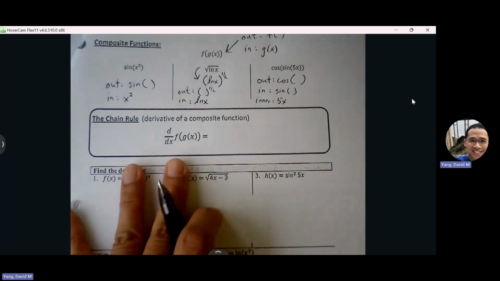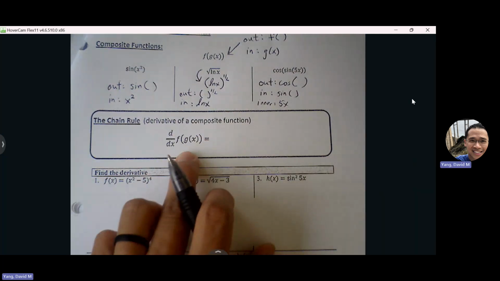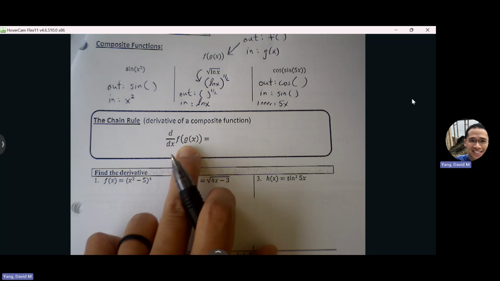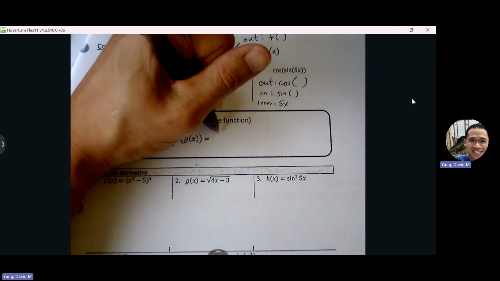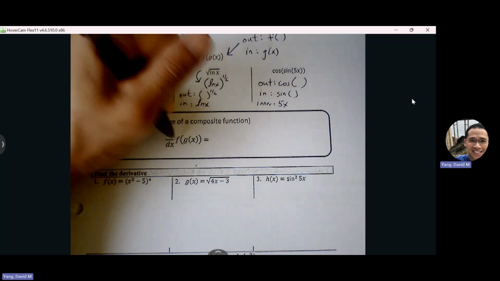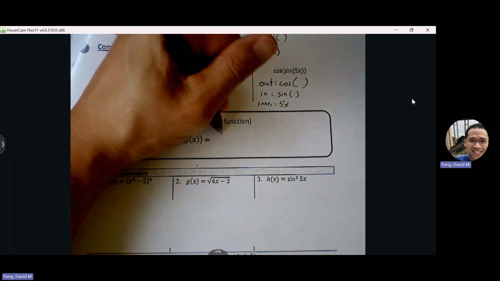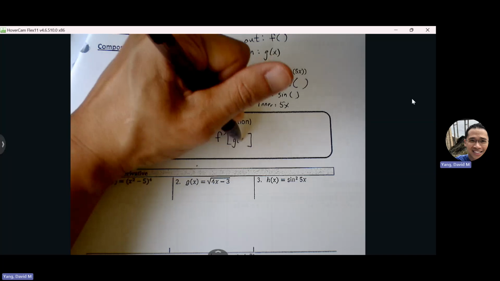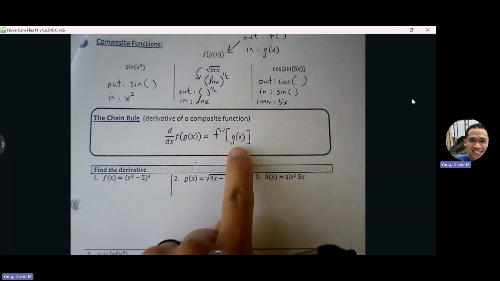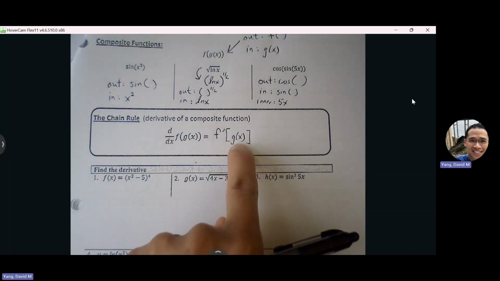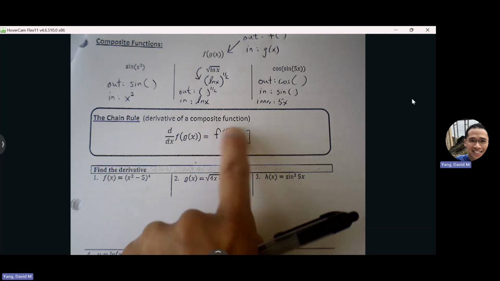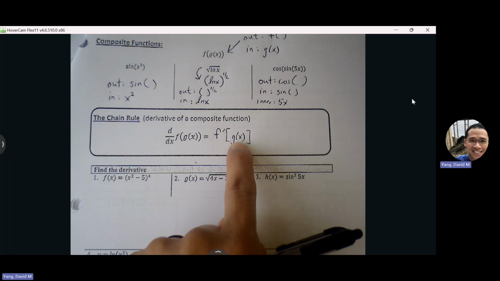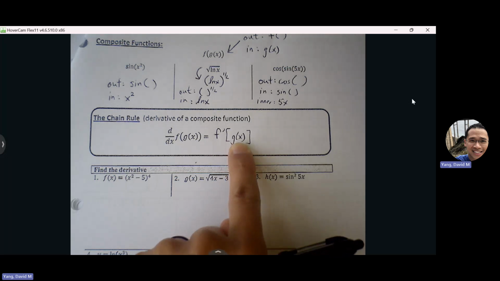So here's chain rule. We have a derivative of a composite function. So the derivative of a composite function is the outside derivative. So we see that f in this notation is the outside function, so it's f prime. And when you take the outside derivative, you're not going to do anything with the inside portion. You're just going to have to rewrite it, because we're not ready for that inside portion yet. And then once we get done with the outside derivative and recopying that inside portion, we're ready for the inside portion's derivative.